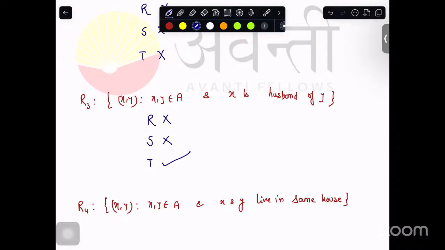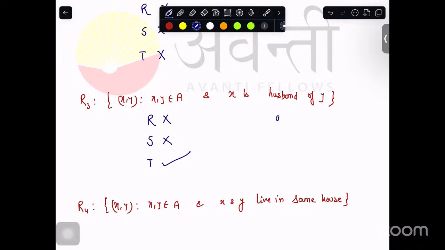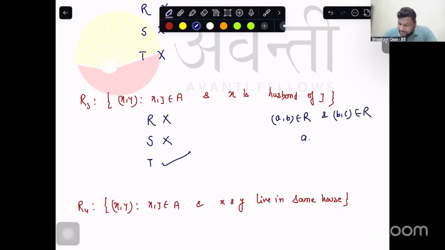Sir, tell me the definition of a relation being transitive. If AB and BC is in relation, then AC should also belong to that relation. Now see, let us assume A is husband of B. Can B be husband of somebody else further?